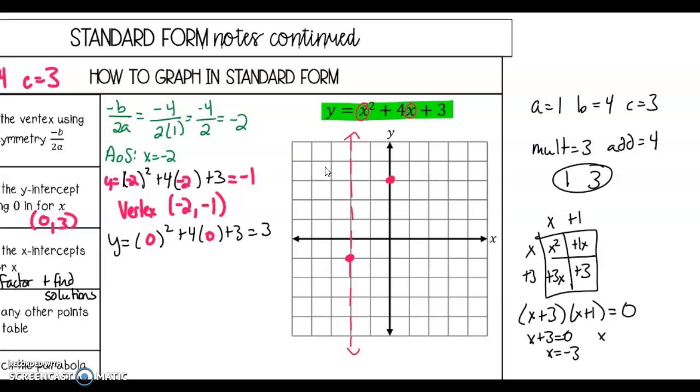So we get x equals negative 3 and x equals negative 1. Those are also our x-intercepts. So let's go ahead and put those on the graph. Negative 3 is right here and negative 1's right here.